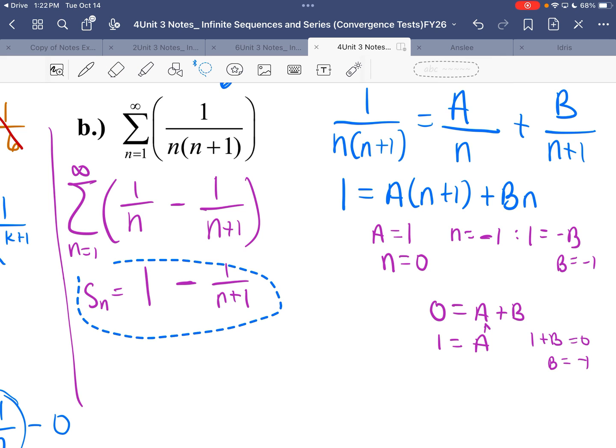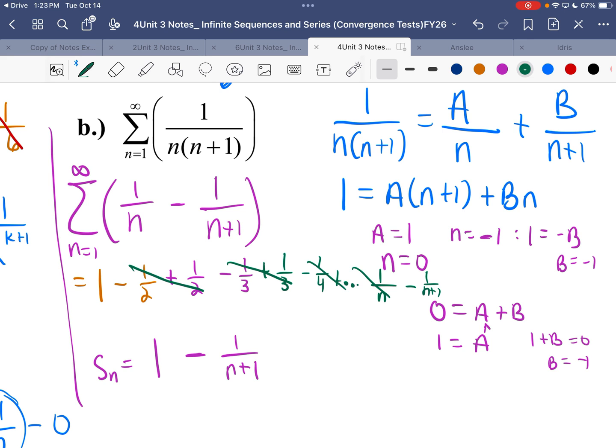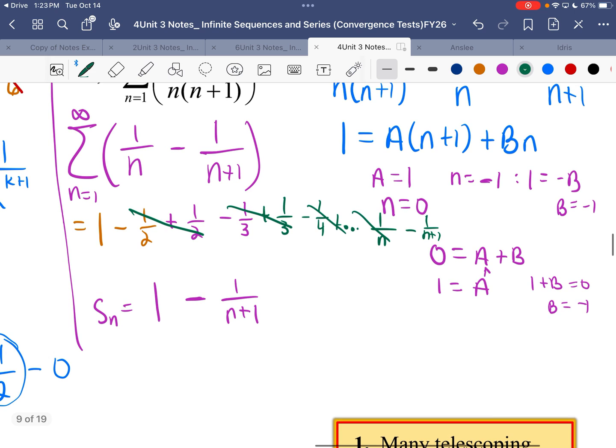So some of us might want to expand it out a little bit. We get 1 over 1 minus 1 over 2 plus 1 over 2 minus 1 over 3 plus 1 over 3 minus 1 over 4 plus a bunch more terms, and then 1 over n minus 1 over n plus 1. And all of that is going to cancel out and leave you with 1 minus 1 over n plus 1.